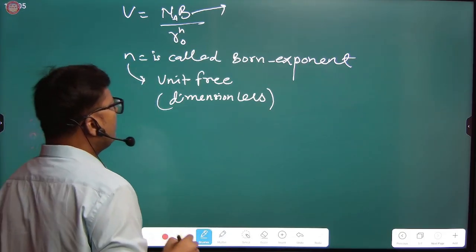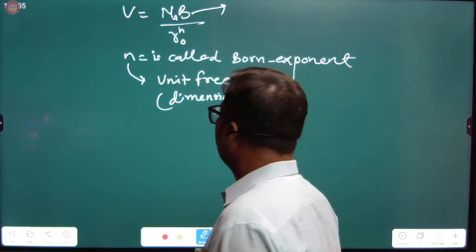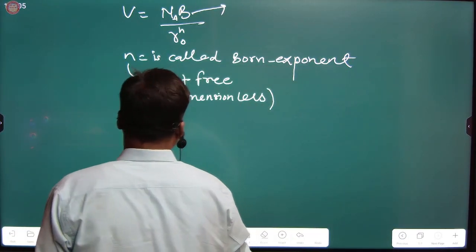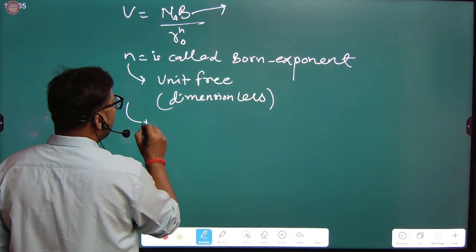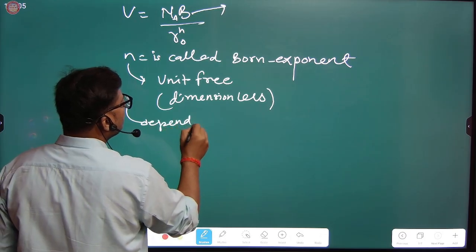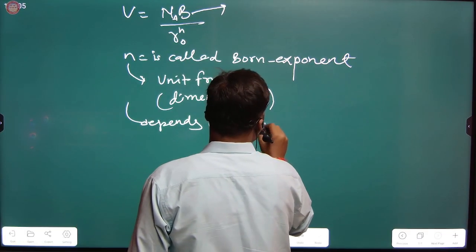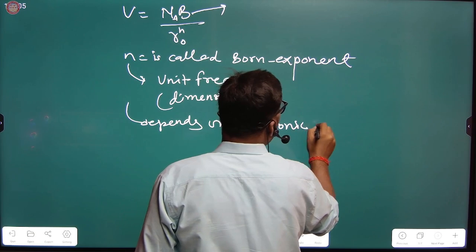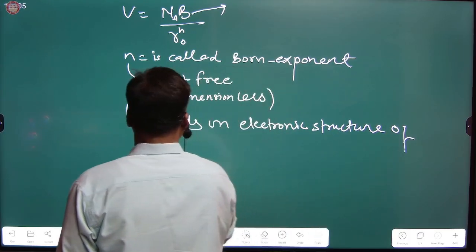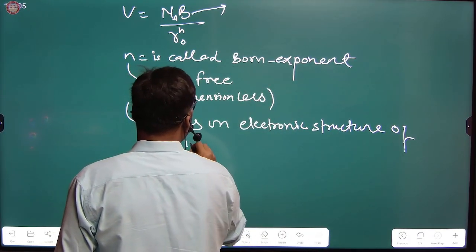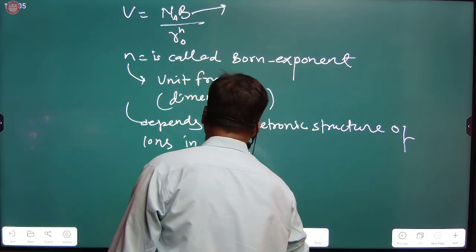So the value of the Born exponent depends on the electronic structure of the ions in the solid, right?